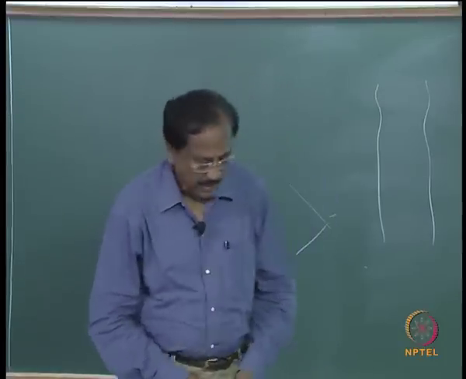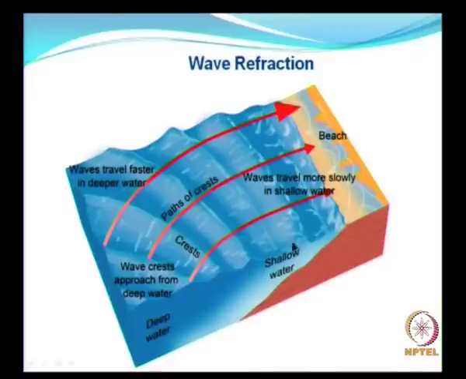This picture clearly shows you how the bending of the waves takes place, the path of the wave crest, etc. The path of the wave crest is perpendicular to your wave crest or wave fronts.